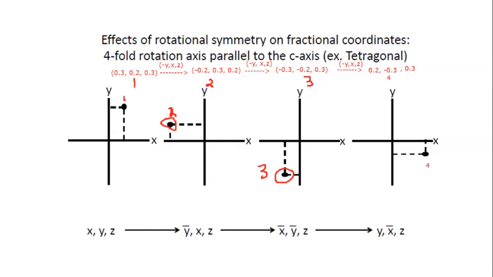Now if we do one more fourfold rotation, again, we're going to take our previous set of coordinates and we're going to do a negative y, x, z operation. That's fourfold rotation.